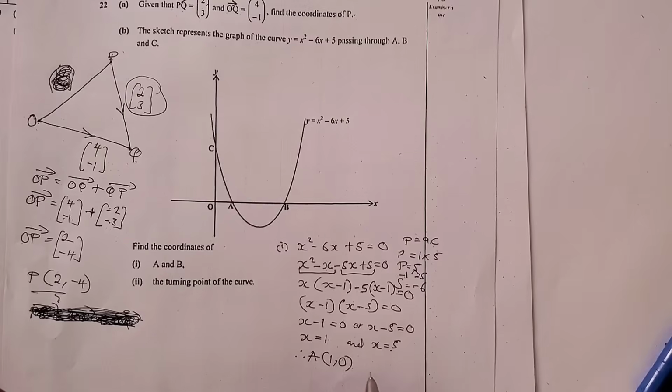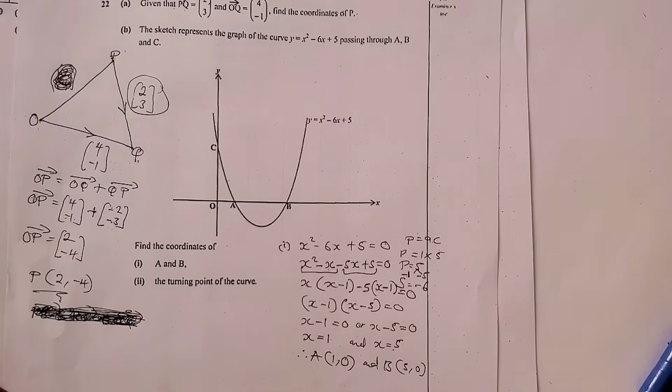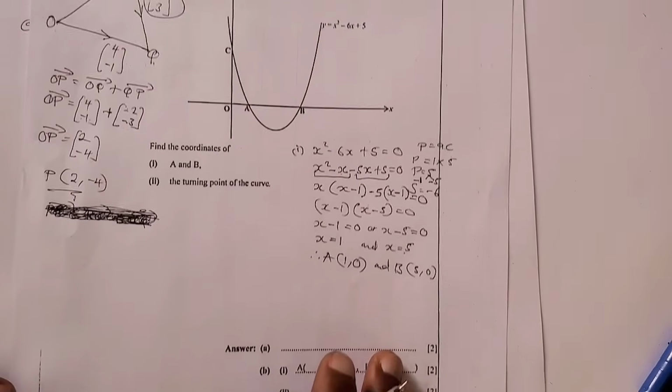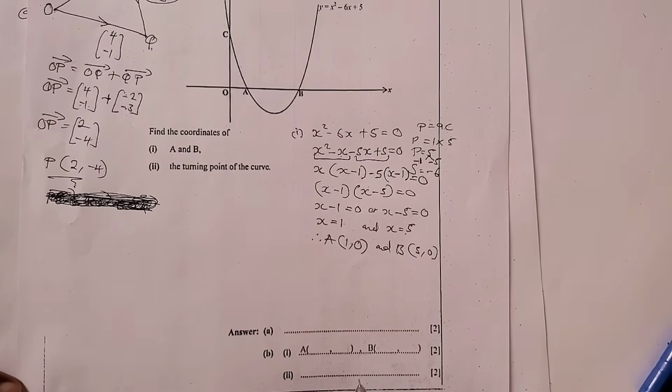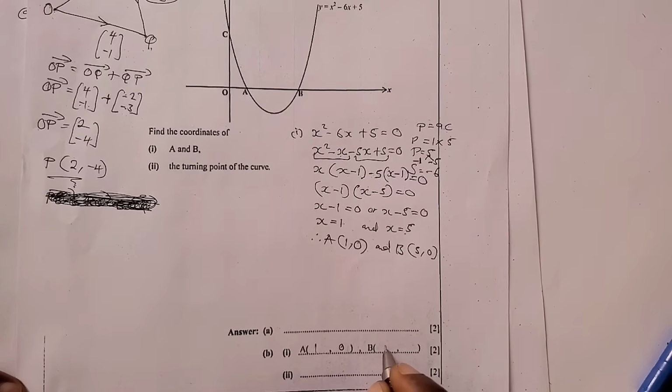Y is 0, right? And B is 5, 0. Are we together? So these are the answers, and we just come and write it here as 1, 0 and 5, 0.